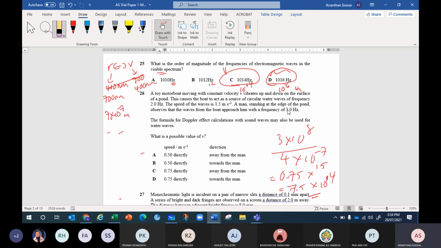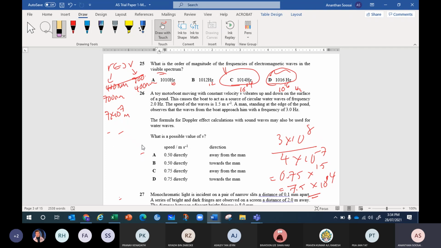A man standing at the edge of the pond observed that the waves from the boat approach him with a frequency of 3 Hertz. The formula for Doppler effect calculation with sound wave may also be used for water wave. What is the possible value of v?